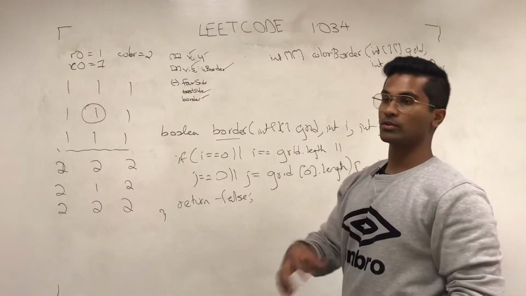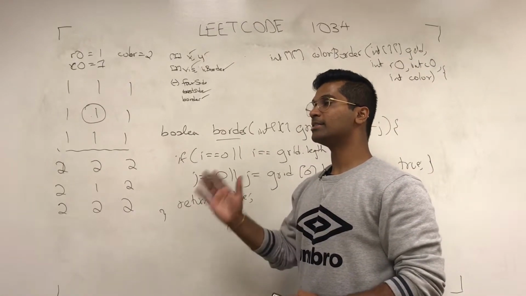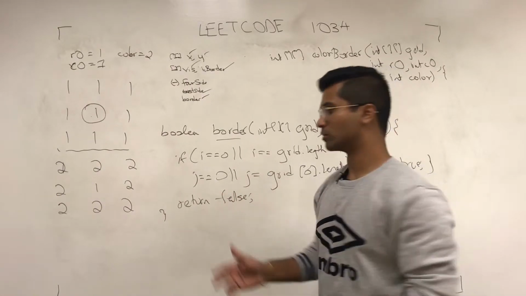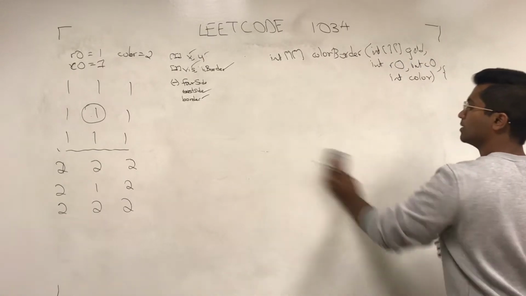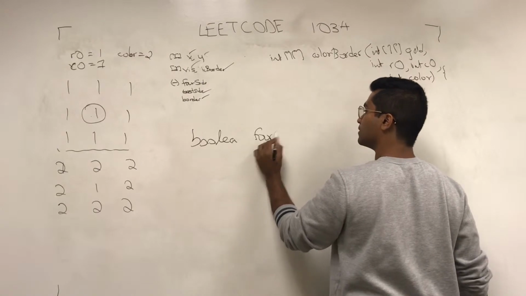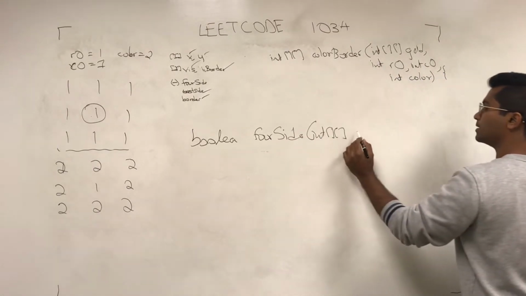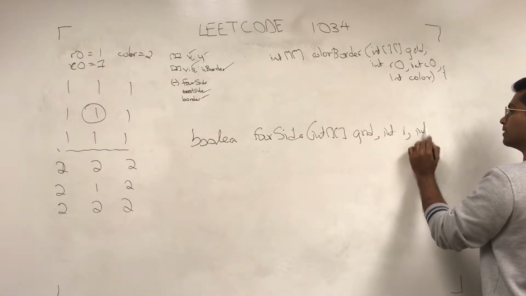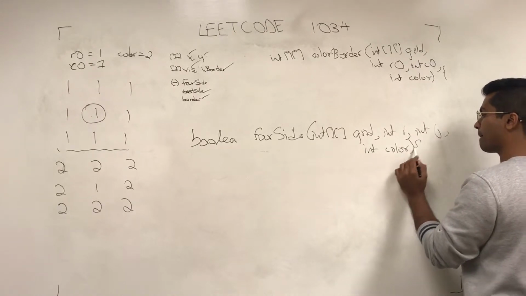And then the last one, I make use of a helper method called forSide, which pretty much says, hey, is there any number on my up, down, left, right which is different than me. If it is, then return true. Boolean forSide, int grid, int i, int j, int color.